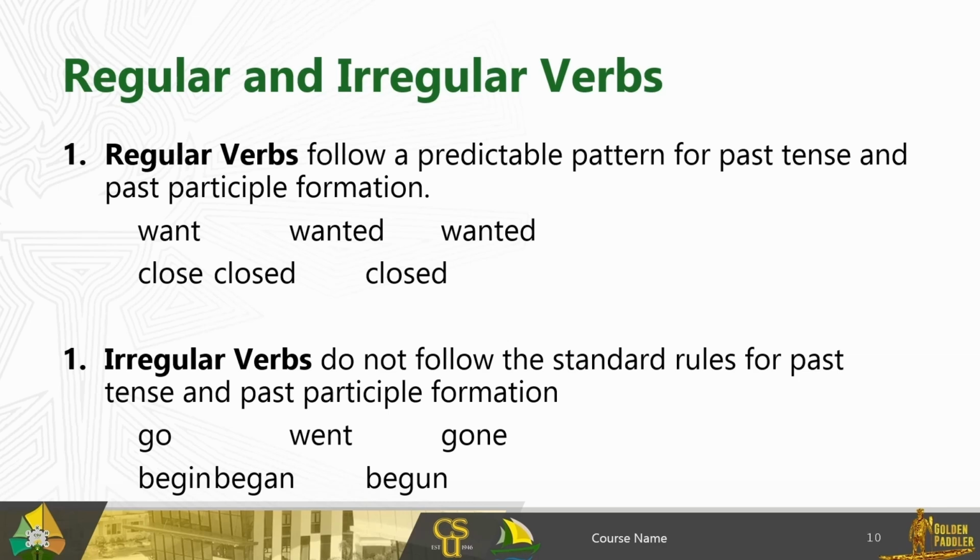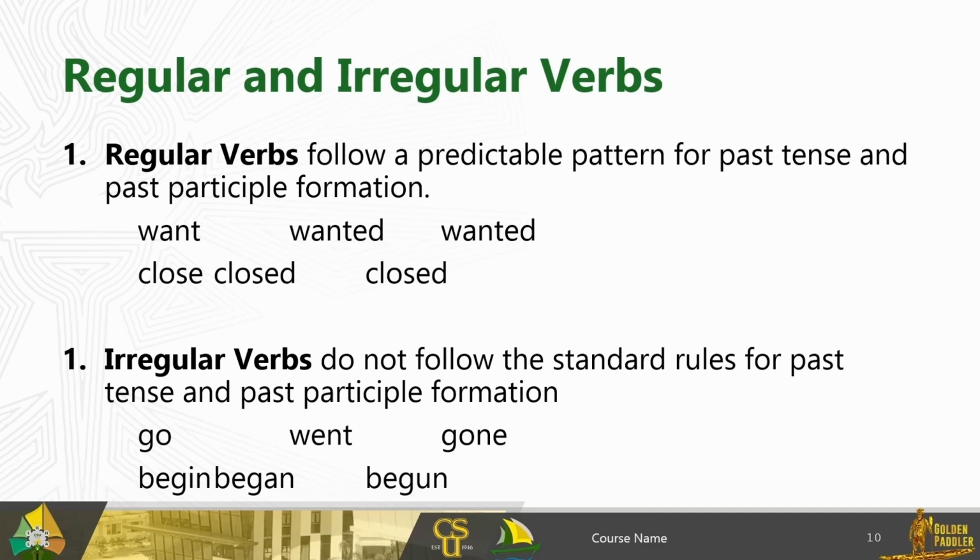The present form is want, the past is wanted, and the past participle is still wanted. The next verb is close. The present form is close, the past is closed, and the past participle is closed. In these examples, the past tense and past participle are typically formed by adding ed to the base form of the verb.